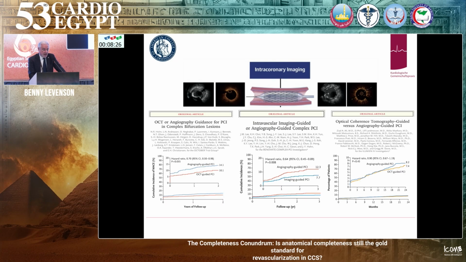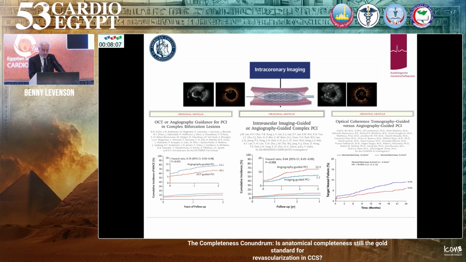There are 3 very good studies: intravascular image-guided versus angiography-guided complex PCI by Lee, and OCT versus angiography-guided PCI. And you see the results favor the image-guided PCI.